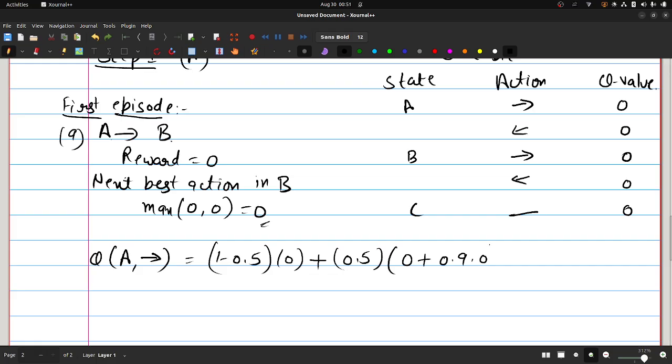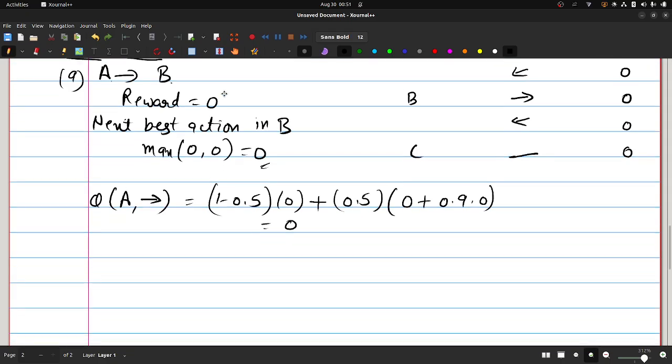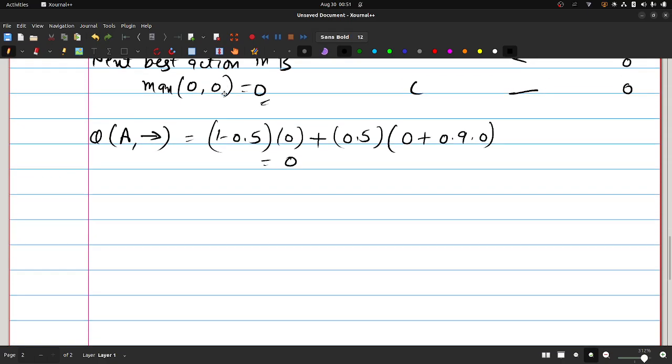So if we compute it, it's 0 plus 0, it's 0. So Q values will not update when we go from A to B.